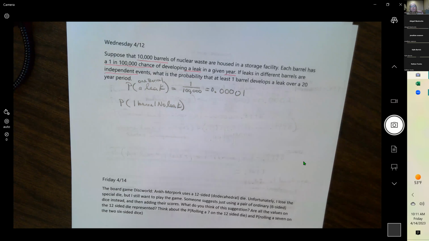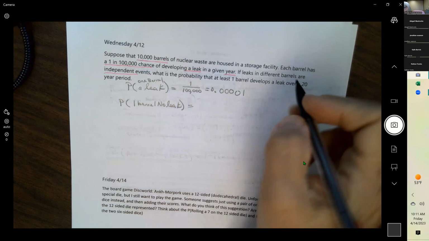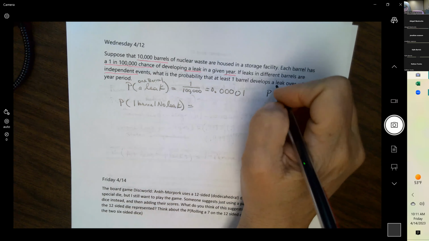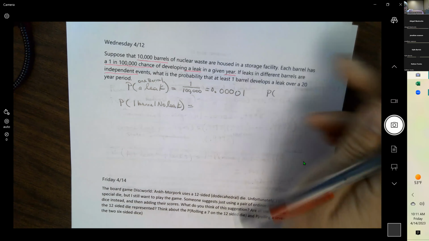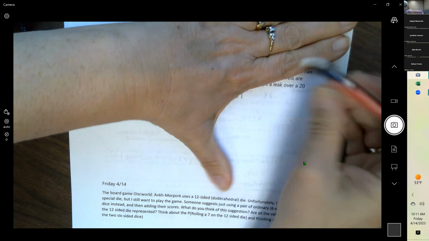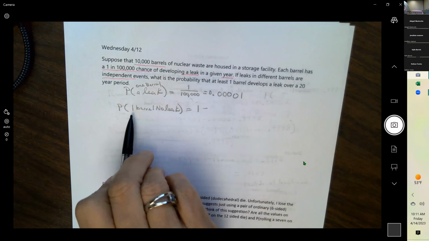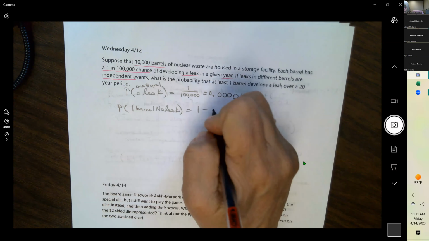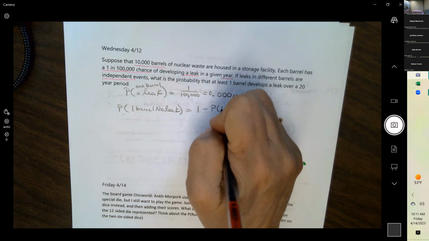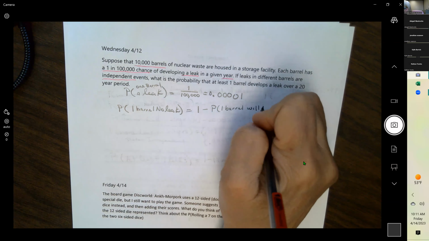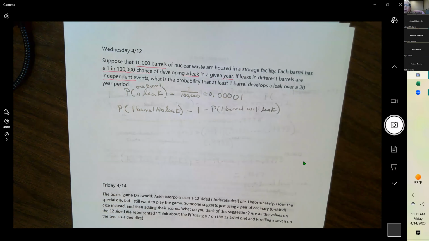So first we'll find the probability that one barrel does not leak. Remember, the probability of the complement is 1 minus the probability it will. So the probability it won't leak is 1 minus the probability of its complement.